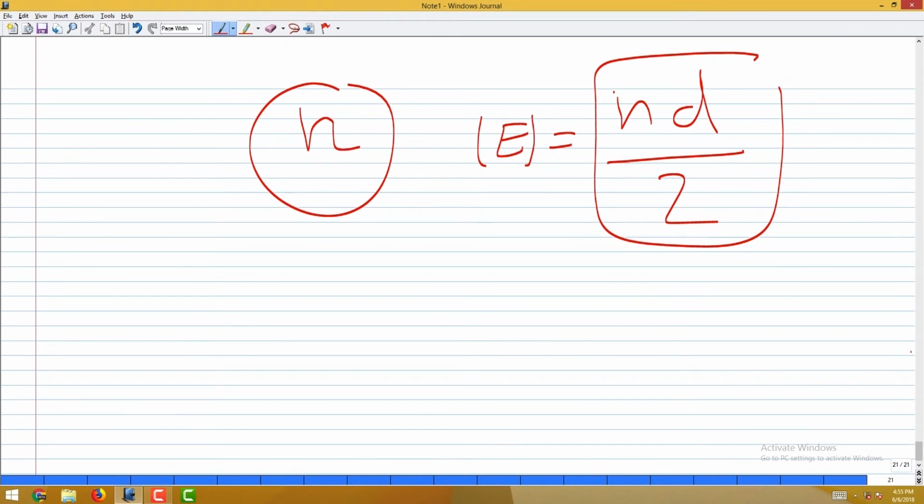Suppose I get independence, then I can find the expected number of vertices in that independent set, and that means I expect to get this many vertices in the independent set.